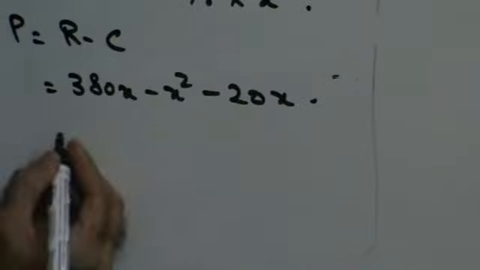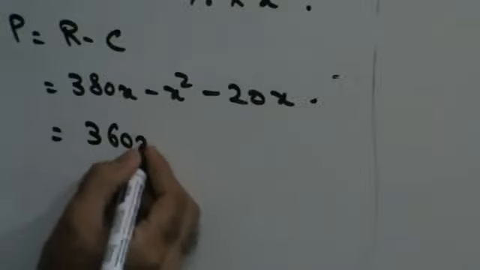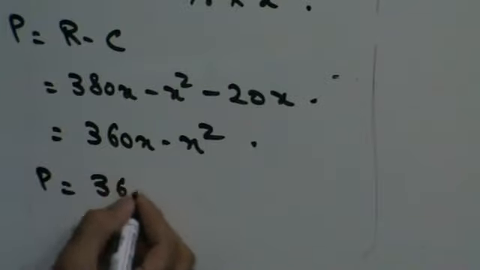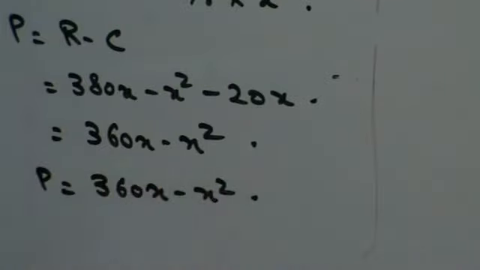So you got profit. Now you have to find out the error in profit, right? Now I can say that P is equal to 360x minus x square.